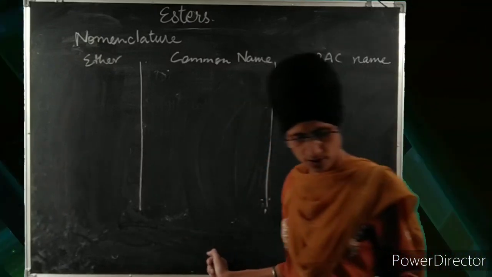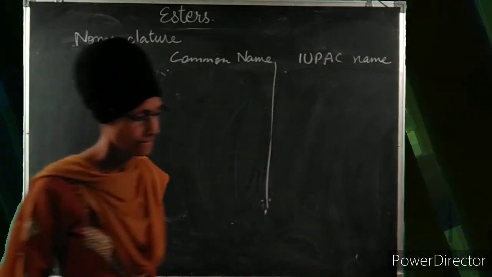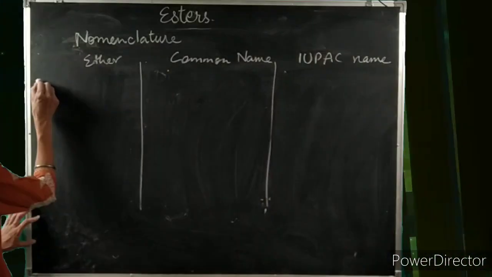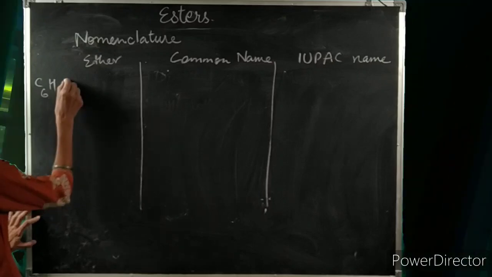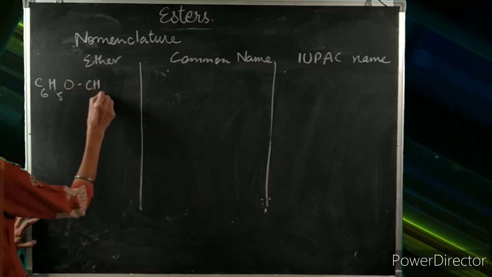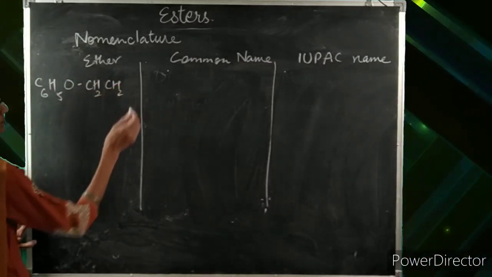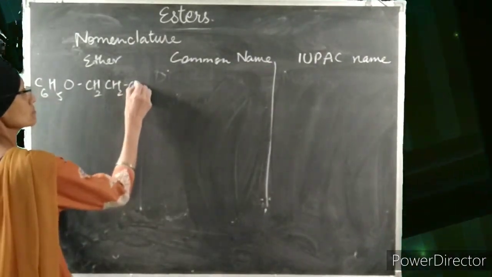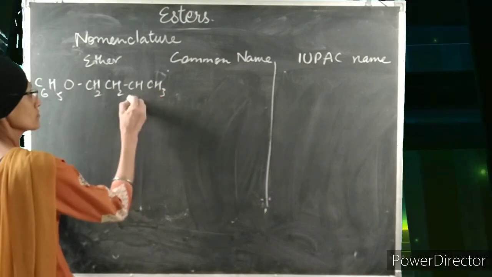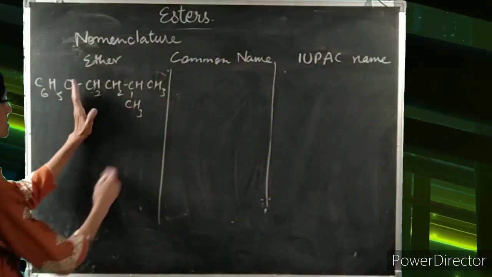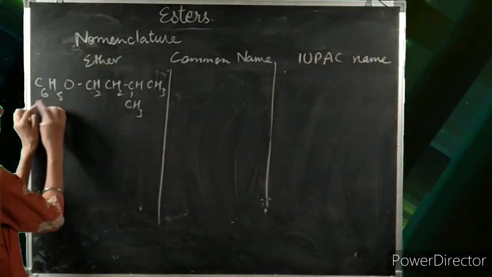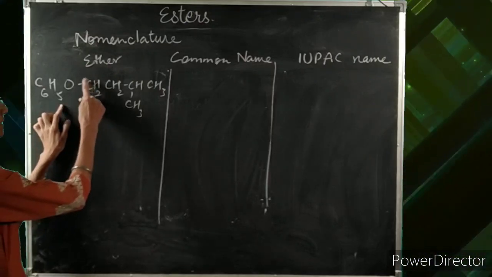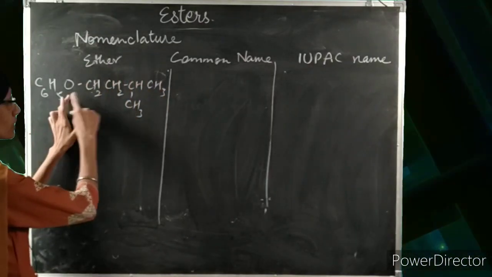One of the examples that we can take is a phenyl group on one side, and here the smaller chain is this one and this one is the larger. This will be the parent and this will be the alkoxy group.